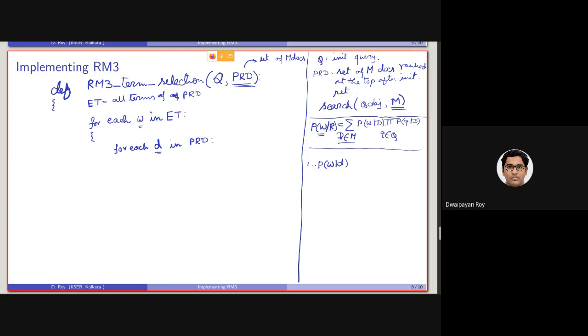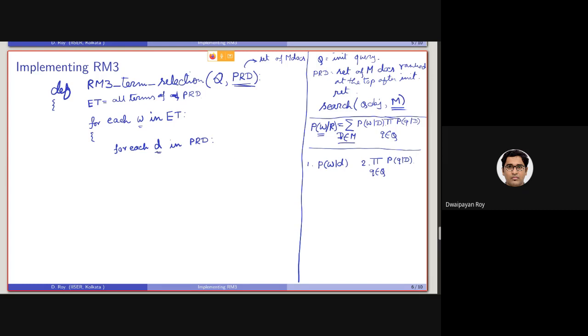Number two is the product over all query terms of the probability of the generation of the query term from the document. Let's do one by one.